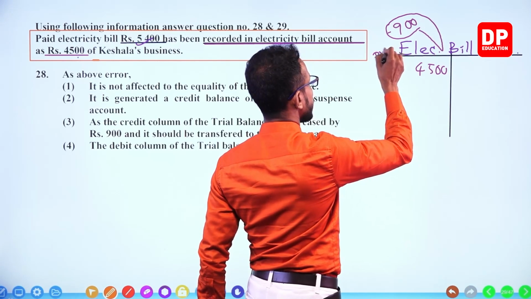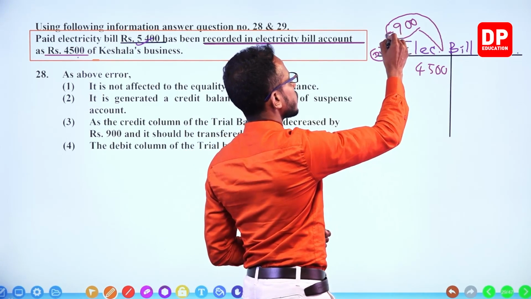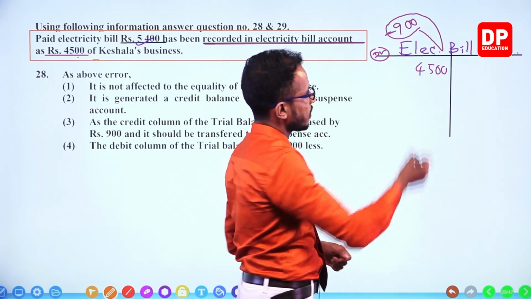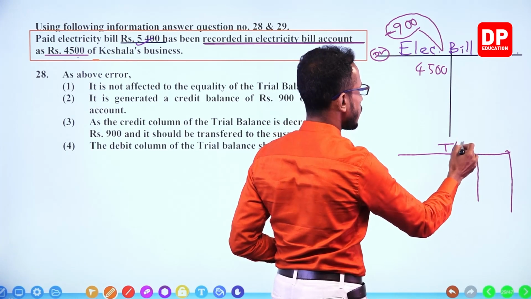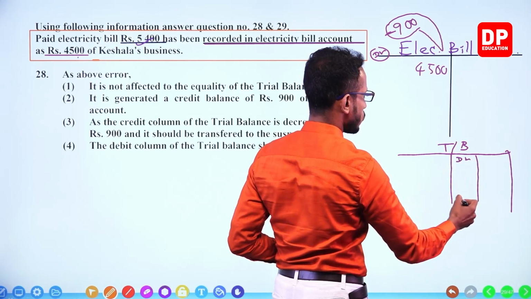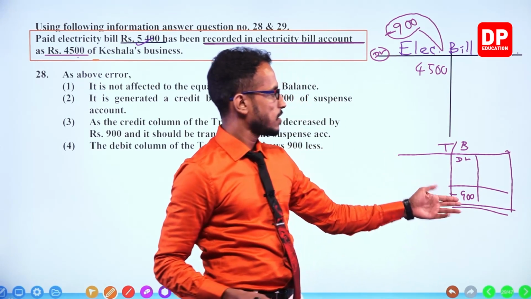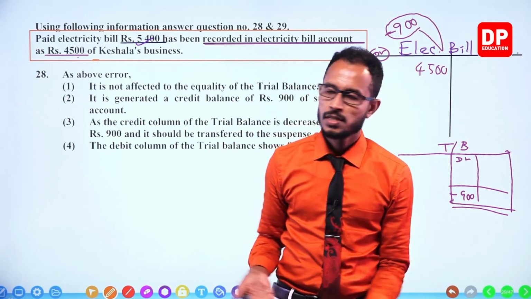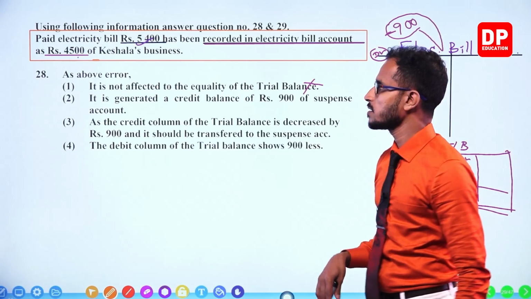Because in this account, electricity bill account, the debit side 900 is less. When this balance goes to the trial balance, the TB debit side also 900 will be less. Simple.